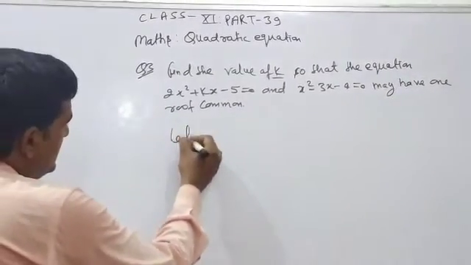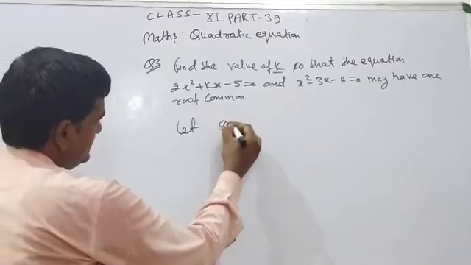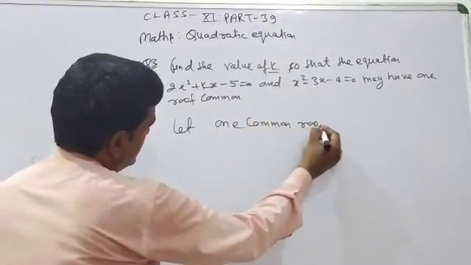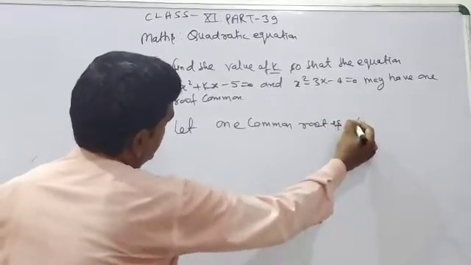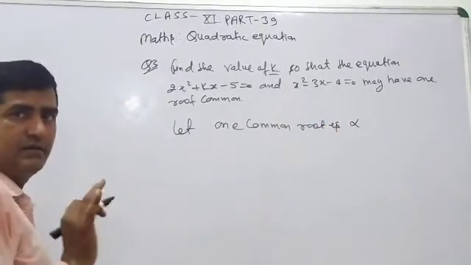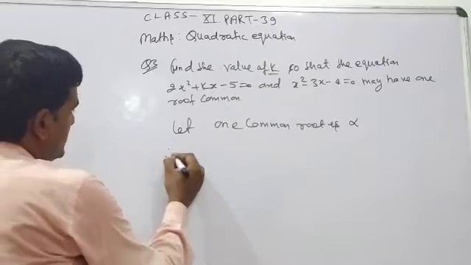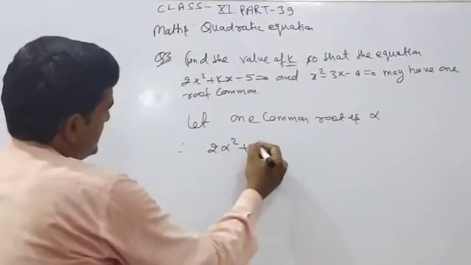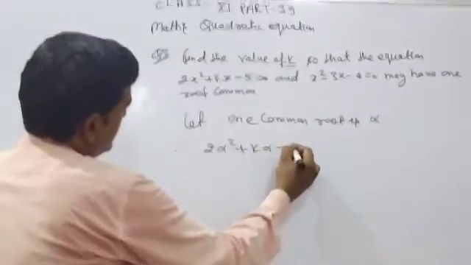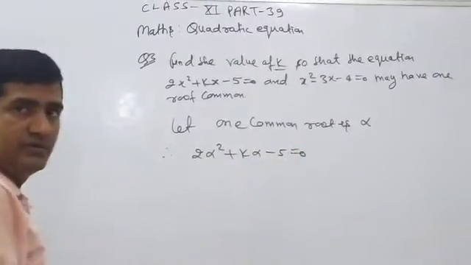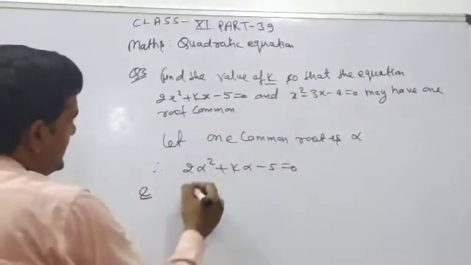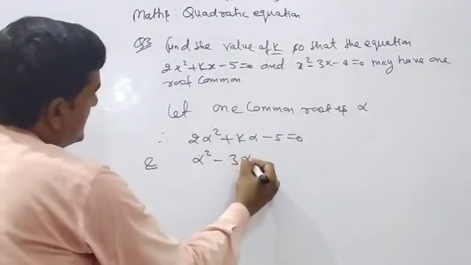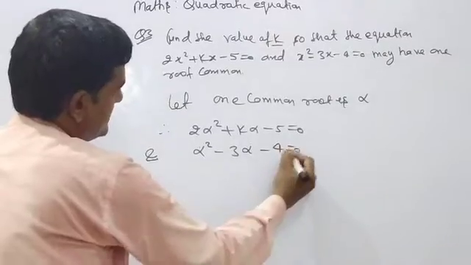Now here let one common root be alpha. Clear? Alpha is the common root. Therefore, 2 alpha square plus k alpha minus 5 is equal to 0, and alpha square minus 3 alpha minus 4 is equal to 0.